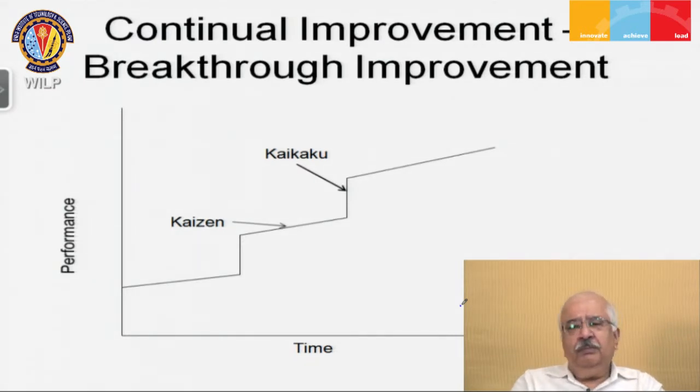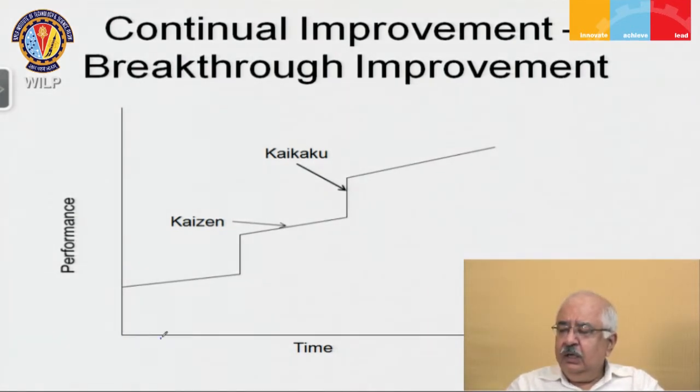Now, this is a little diagram which some of you may have seen in other contexts. If you were to plot the performance of a system over time, what you would see is that when we have a process by which we continually improve the system, the performance of the system builds up very gradually, but nevertheless it is building up, so that the performance of the system is improving on a continual basis.